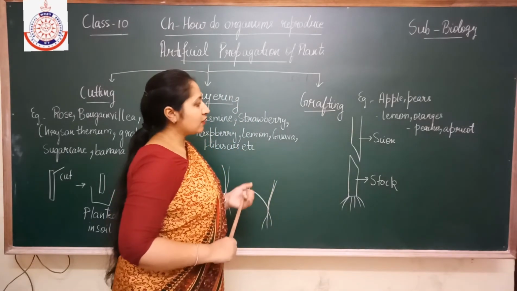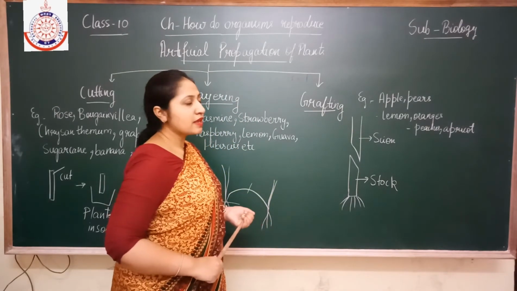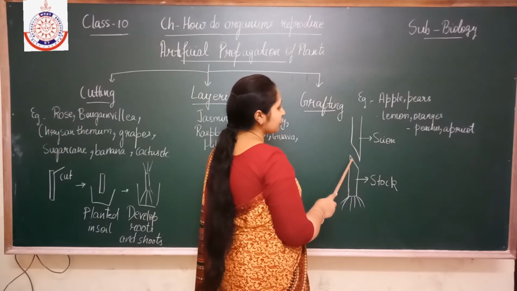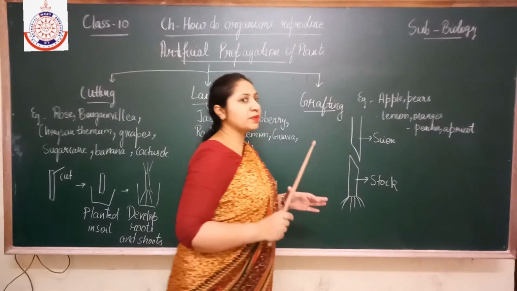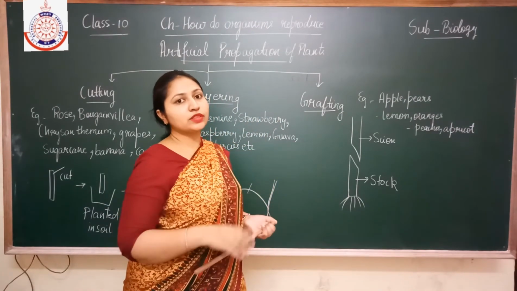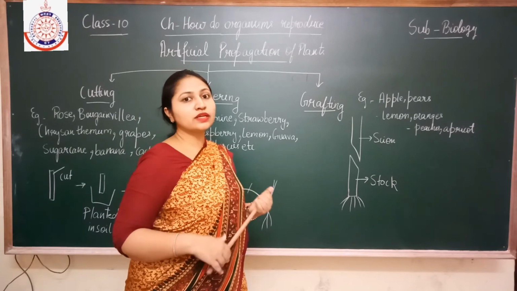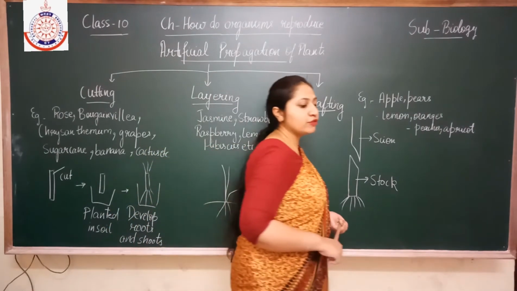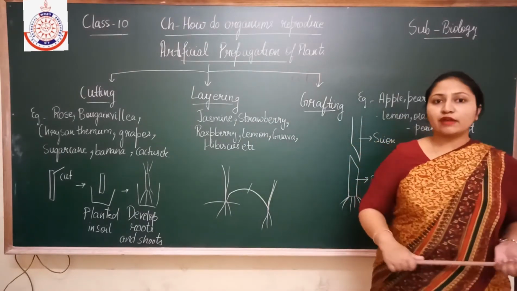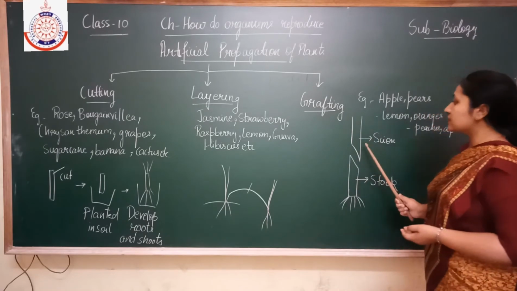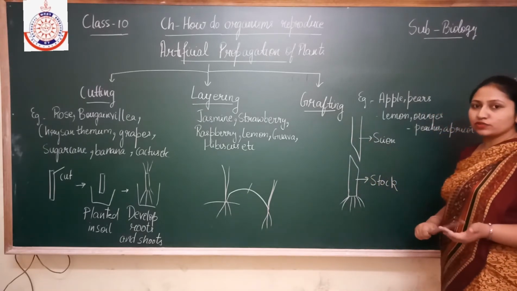And how will we join the stems? We should take care that the cambium present in the stem region is combined together, and then we have to cover it with cloth and then a polythene sheet, so that there is no infection of bacteria and fungi, and the plant sap present in the stem does not come outside.